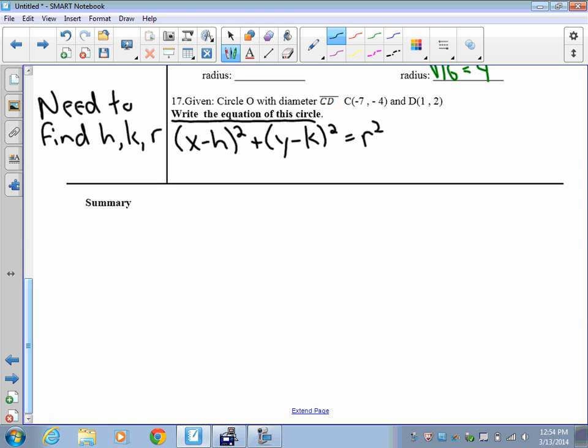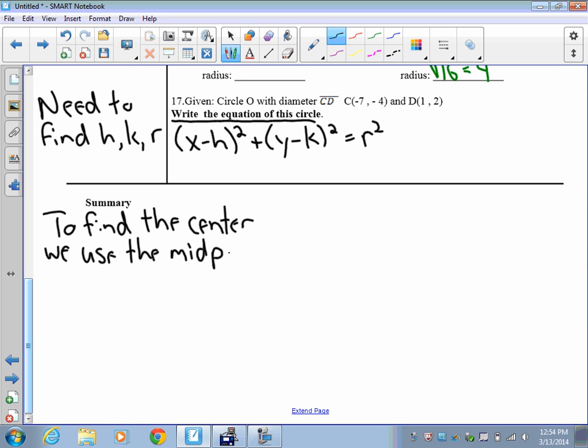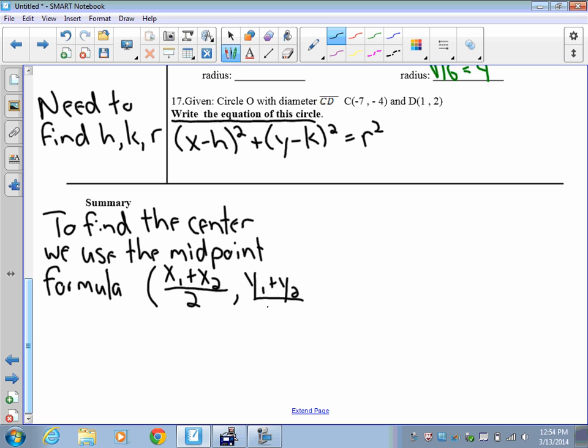So to find the center, we use the midpoint formula. So hopefully everybody remembers what the midpoint formula is. It's the average of the x's and the average of the y's. So I'm just going to plug in these numbers. I have x1, y1, and x2, y2.